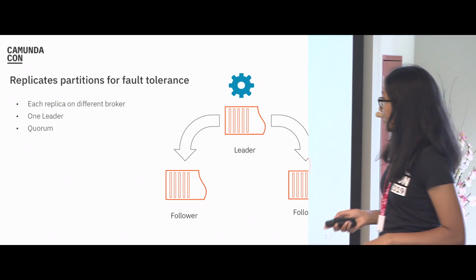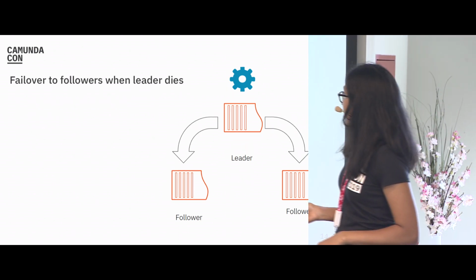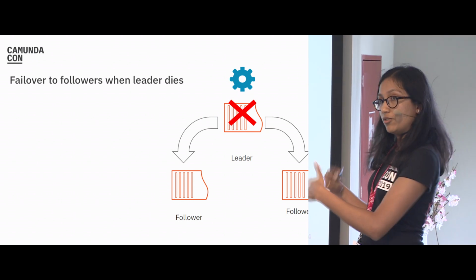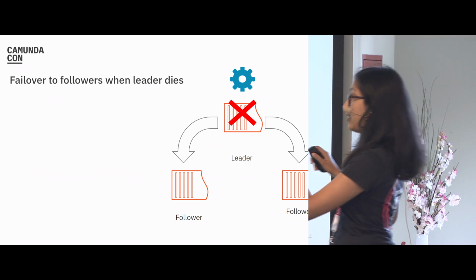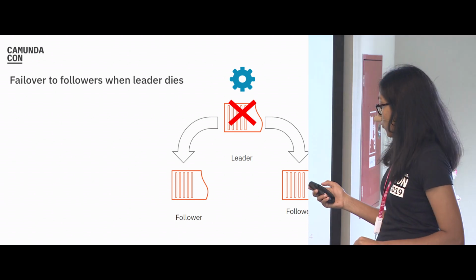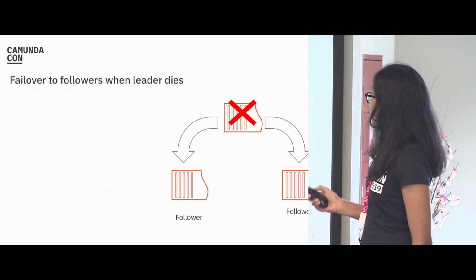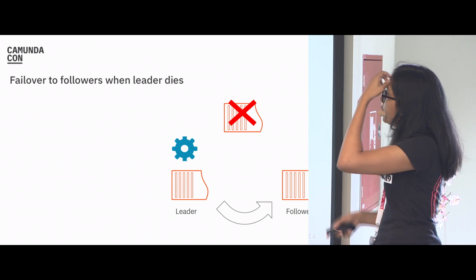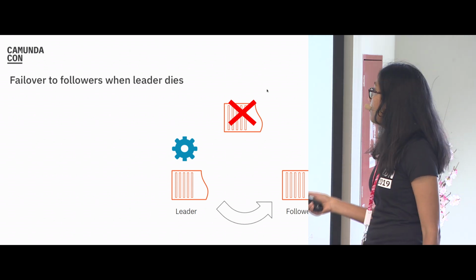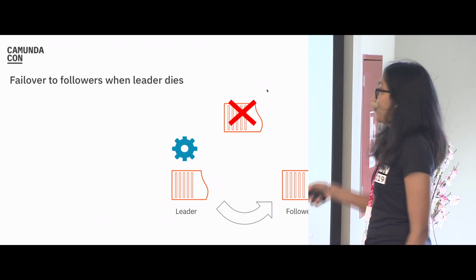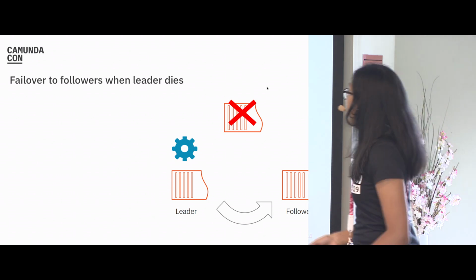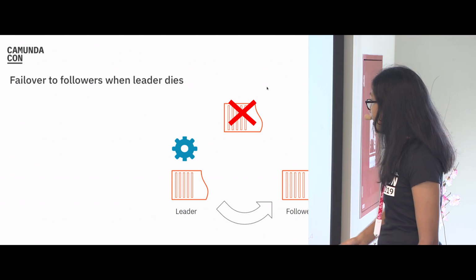Now let's say the leader crashes. The leader is doing the workflow processing, and then suddenly the machine crashes, for example. What will happen is that one of the followers becomes the leader, and it continues processing from the point where the leader stopped.